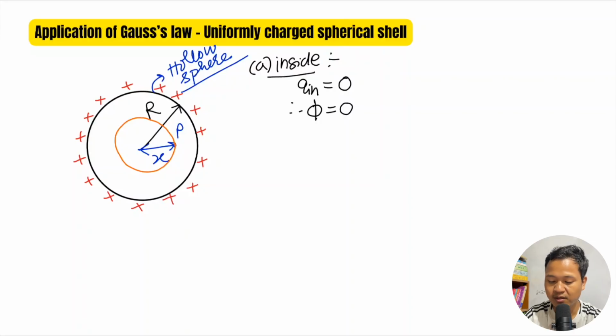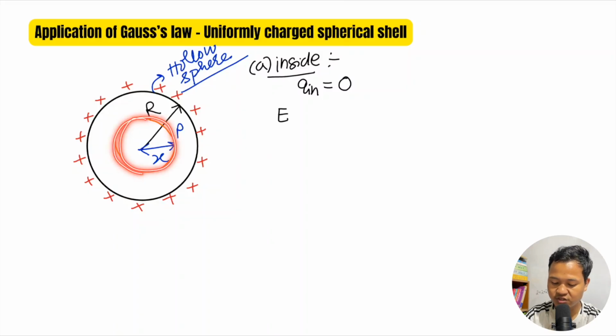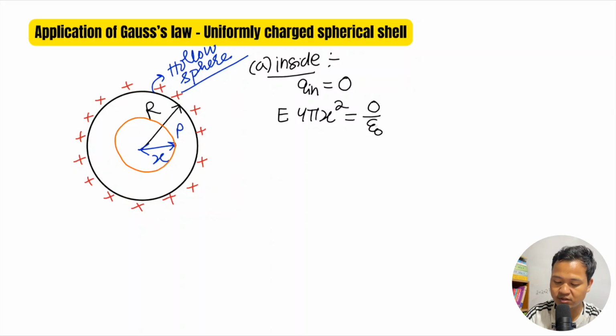By Gauss law, electric field into the area of this spherical surface, E into 4 pi x square, equals Q in, which is 0, divided by epsilon naught. So that means E equals 0. Inside the spherical surface the electric field is 0.